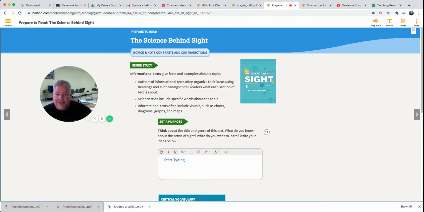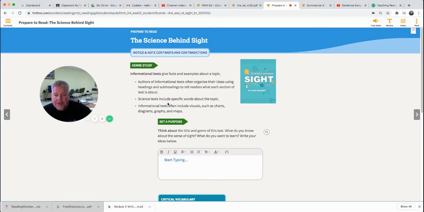Authors of informational text often organize their ideas using headings and subheadings to tell the reader what each section of the text is about. Think about our story we read yesterday about apex predators. Like one side of the page would have maybe predators of today. The other side would have the heading extinct predators. So they had headings at the top of the page to help us see what we were looking at.